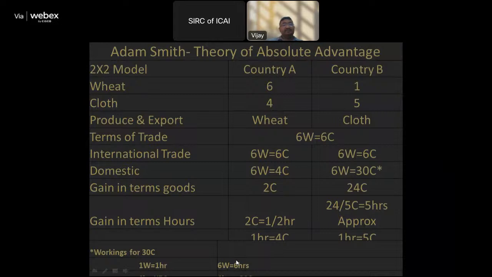This gain in terms of hours: for 4 cloth it takes 1 hour. That means for the gain of 2 cloth, half an hour will be the gain.